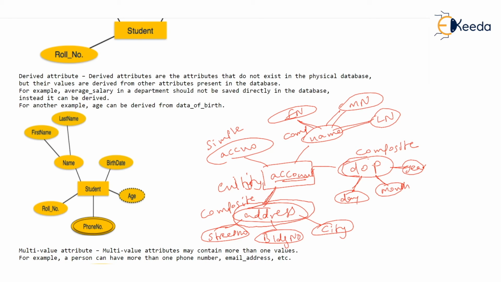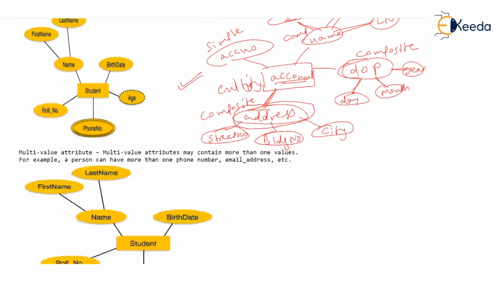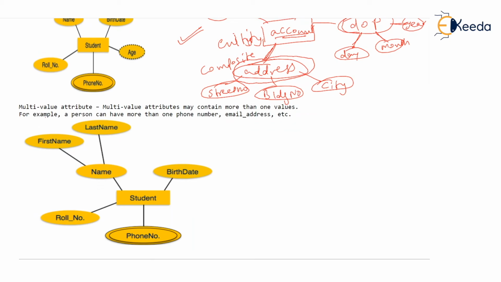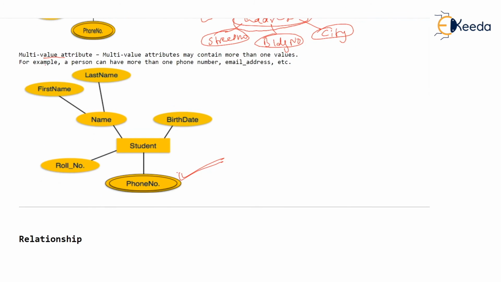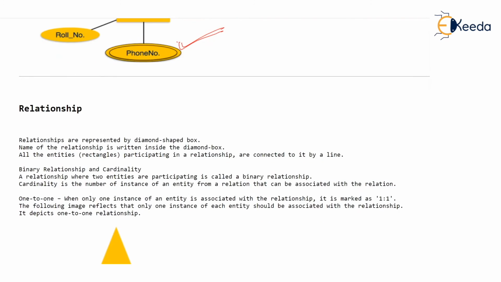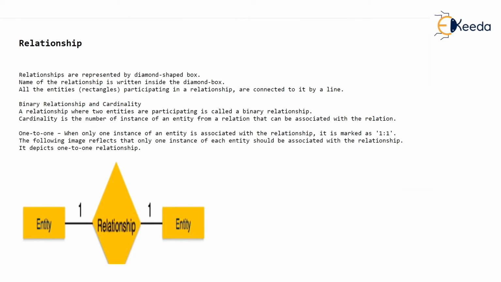Are you understanding? So all these things can be understood once you understand these symbols. I hope you will go through this multi-valued attribute definition and the meaning of this symbol, which is the double ellipse. And in the next video, we are going to see the third thing in the ER model, relationships.